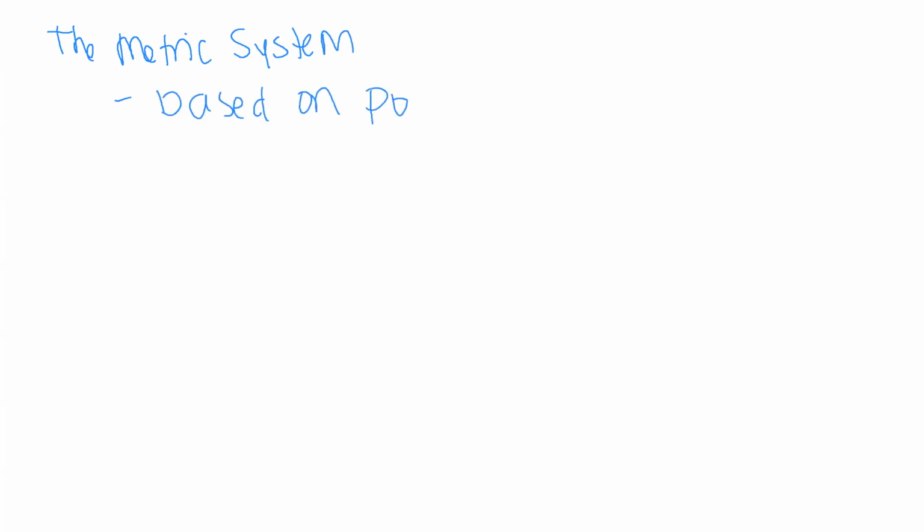So a few things about the metric system. It is based on powers of 10. And this is really nice because multiplying and dividing by powers of 10, which is in essence what you're doing when you're converting within the US system, you're multiplying and dividing by some unit fraction.